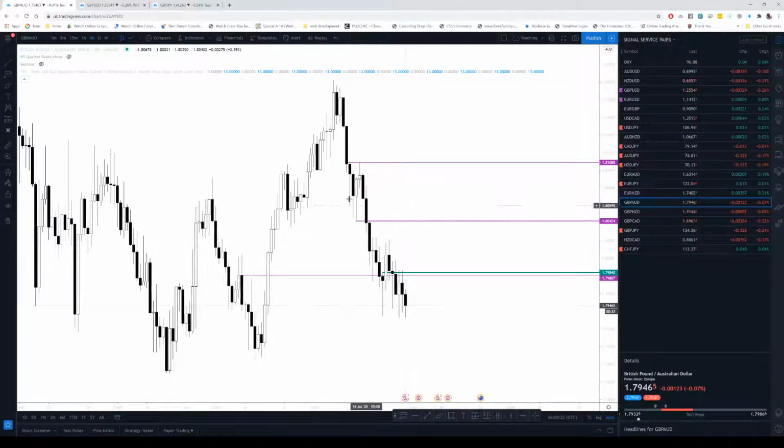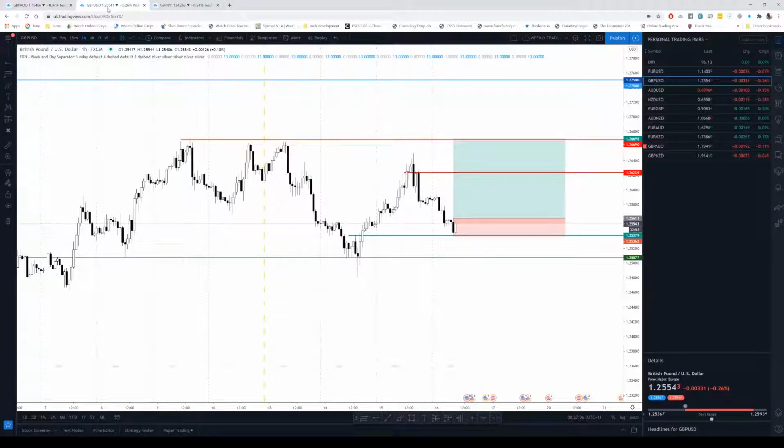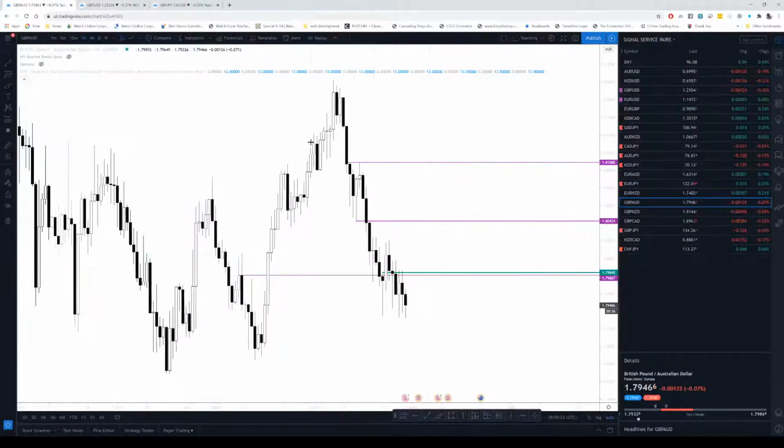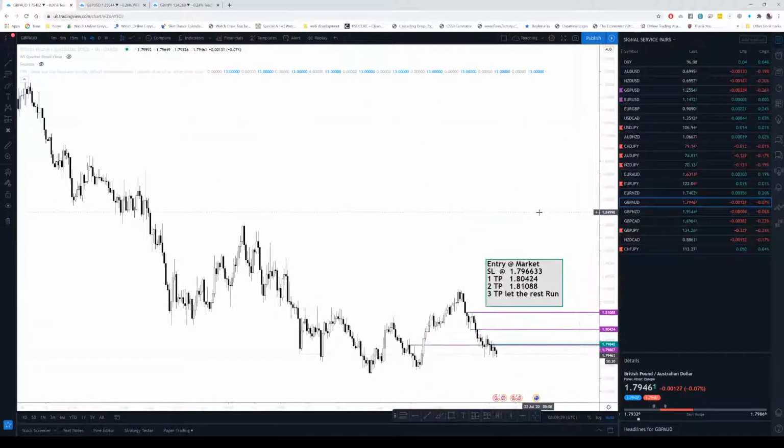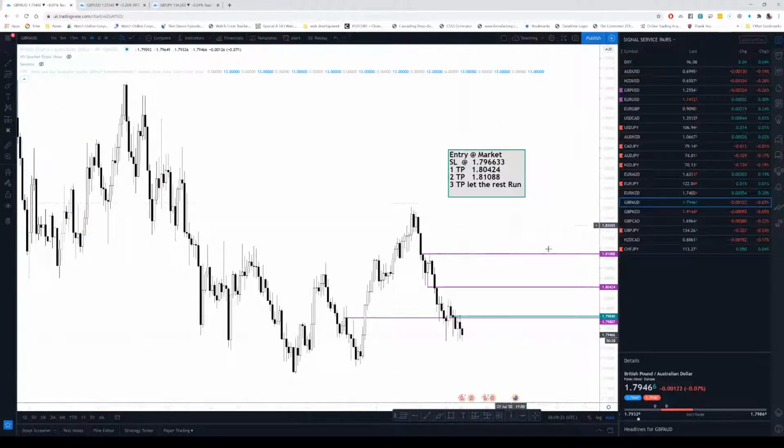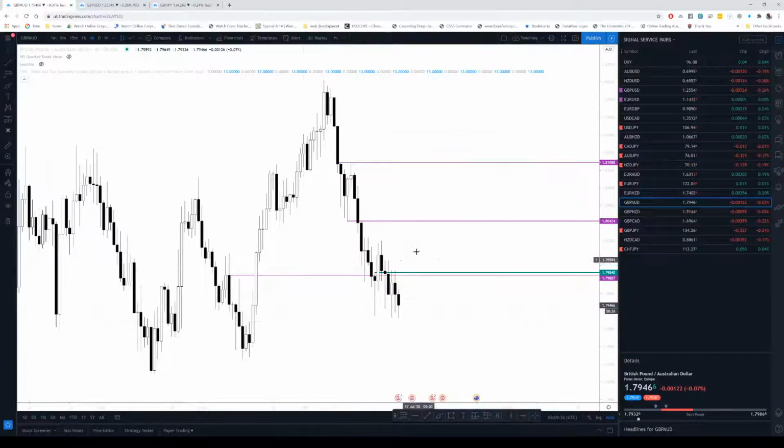The trade idea is still, what am I using? Let's go back. Yeah, the trade idea is still there, okay, but again, this is like what I shared earlier. The trade is long.